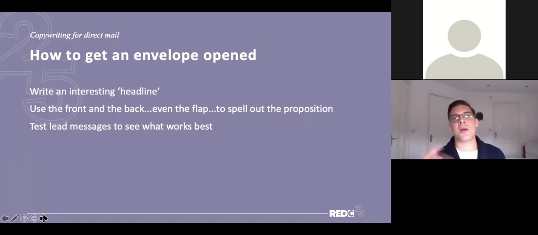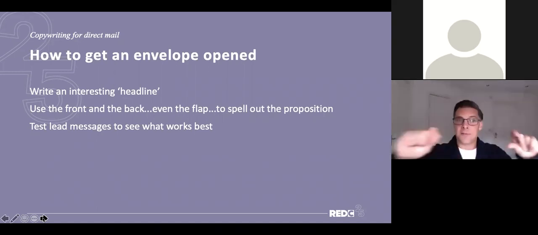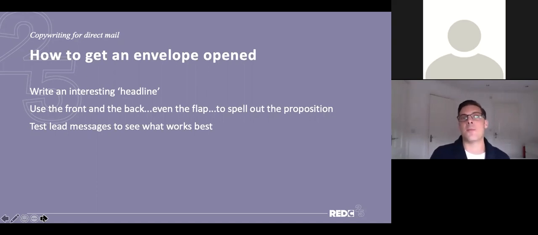Second thing to remember is that envelopes are double-sided, and you never know which side will be face up on the doormat. It gives you two sides to play with, so always use the front and the back, even the little flap as well, and spell out what the reader is going to find when they open it, because you're always trying to reach the people most likely to respond. Tell people what the proposition is, and then you make sure those people will open the envelope.